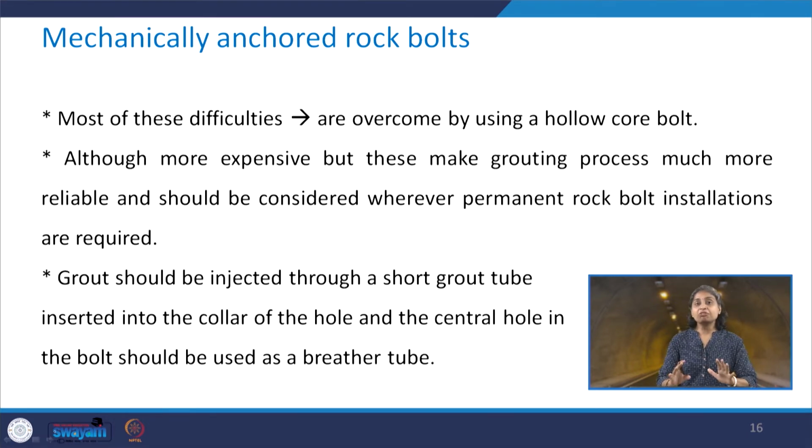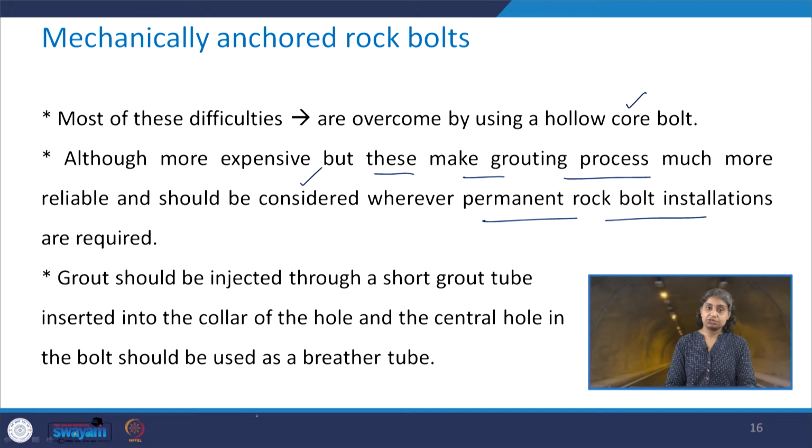Some of these difficulties can be overcome by using a hollow core bolt. Although these are more expensive, they make the grouting process much more reliable and hence should be considered wherever we need permanent rock bolt installations.